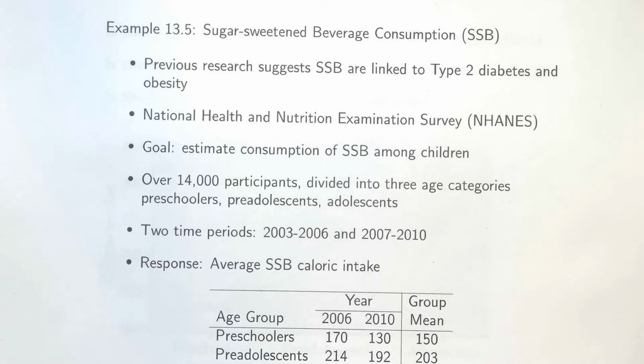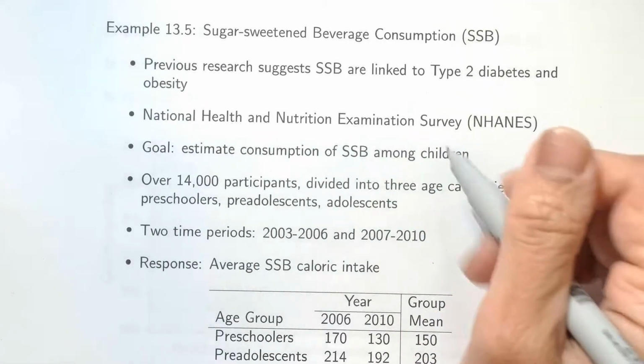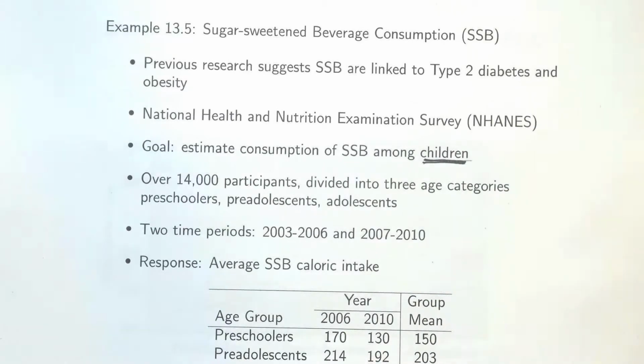So this survey is called an NHANES survey. It's a National Health and Nutrition Examination survey, where the goal was to estimate the sugar-sweetened beverage consumption among children. So they're not focusing on adults, it's just on children. And they had over 14,000 participants.